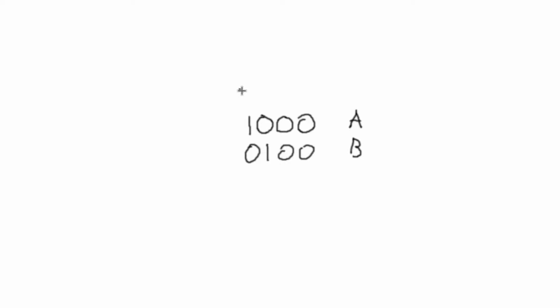And the way we actually do that is, if you stop and slow down and pay attention to how you check, you always check with the highest order digit first, or the most significant bit. And you look to see which one is greater than the other. In this case, A has a 1 and B has a 0, so A is greater than B. And once we know that, we actually don't care about the rest of the bits. We can ignore them. We've already established that A is greater than B, so the answer here is, in fact, A is greater than B.